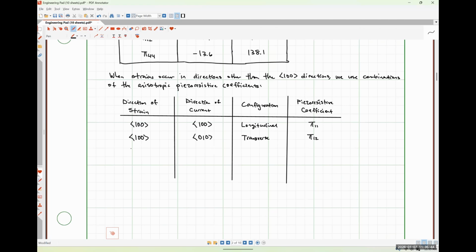When our strain is in the 1, 1, 0 and our current is in the 1, 1, 0, this is another longitudinal configuration, but we're no longer directly aligned with our 1, 0, 0 family of planes. So we're going to use a combination here. This is going to be 1/2 of pi 1, 1 plus pi 1, 2 plus pi 4, 4.